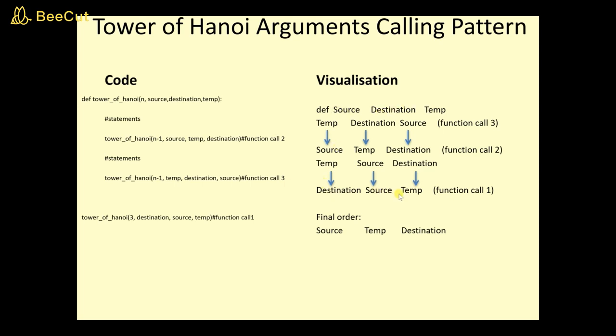So the order is source, destination, temp, and so the order of this will be source, temp, and destination. The final order is source, temp, and destination. The values attached to source, destination, and temp, which you will see further when I take the example, will be put in these variables in the same order as this final one.